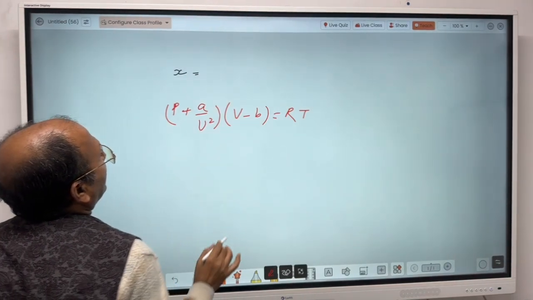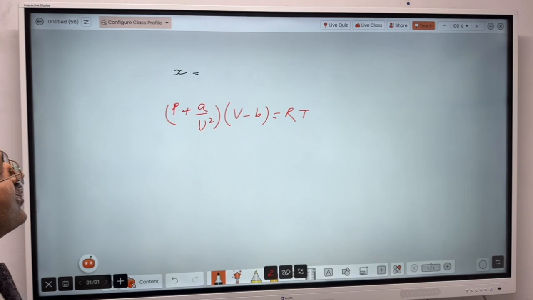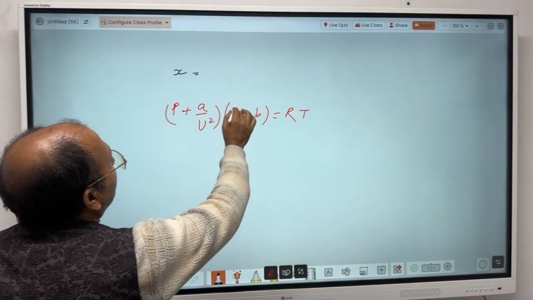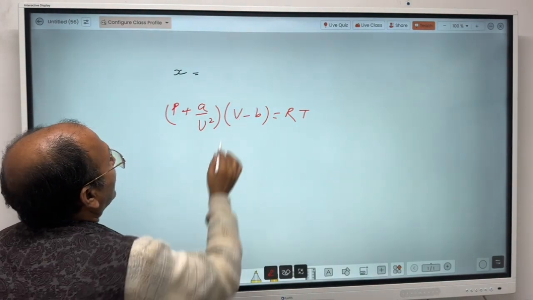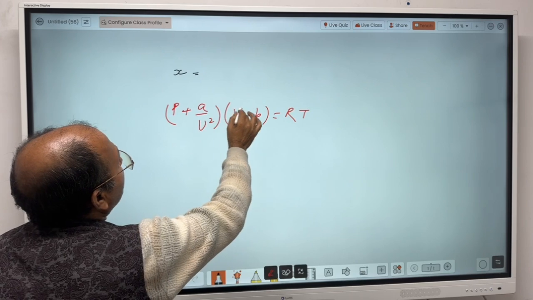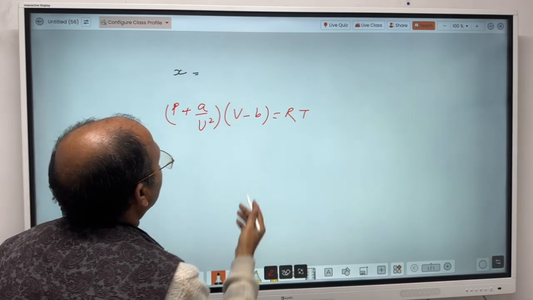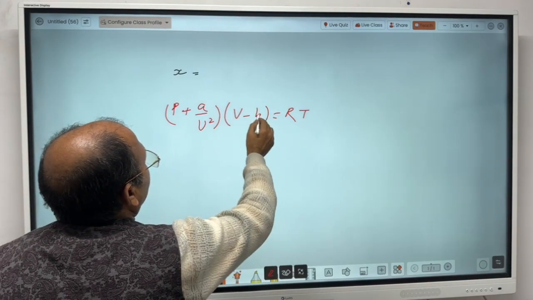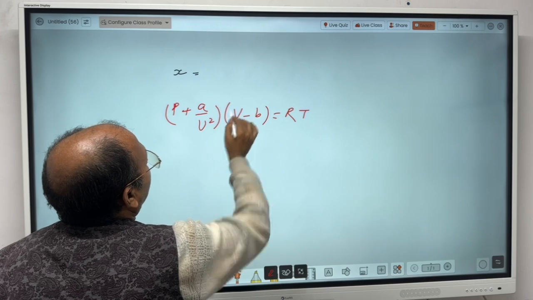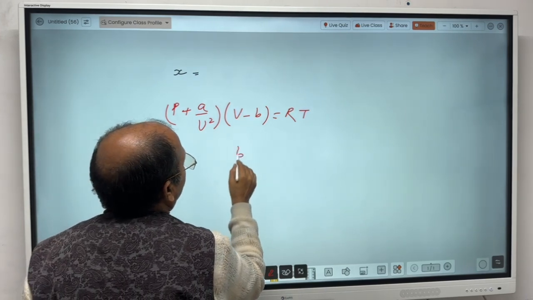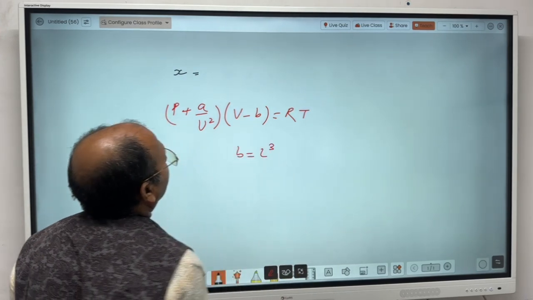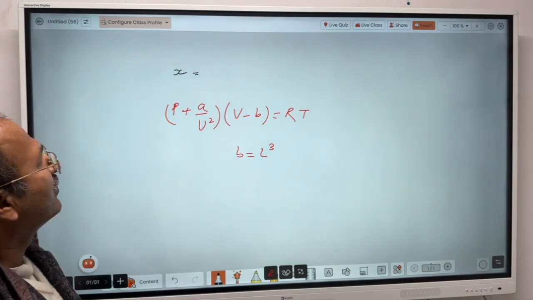So here, if we apply the principle of homogeneity, which says that in addition and subtraction, only quantities having same dimensions are put, then dimension of B must be equal to dimension of V. So B is equal to L cube. It's very obvious, volume minus volume.